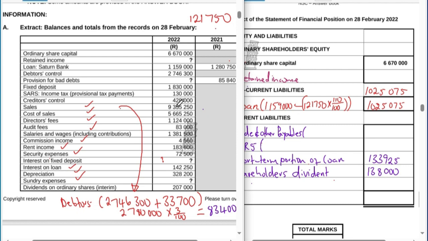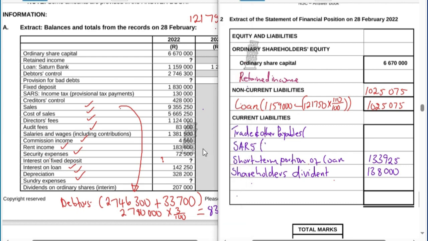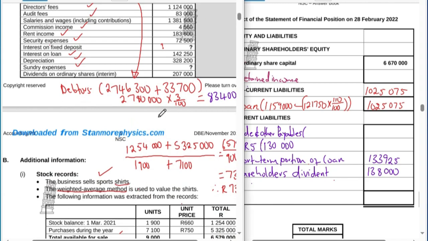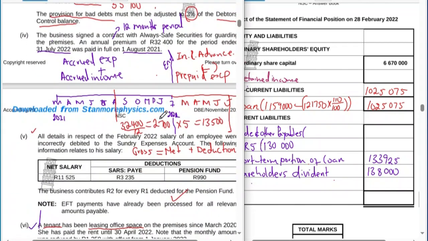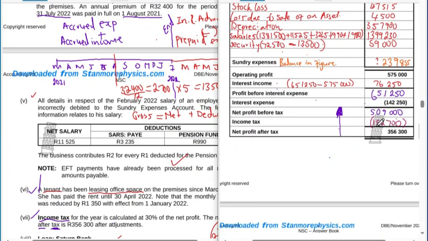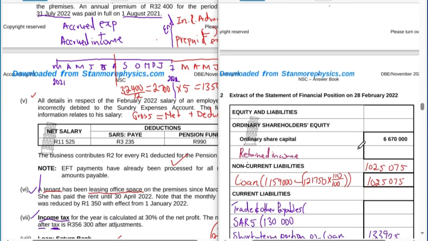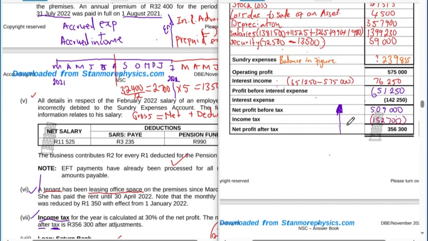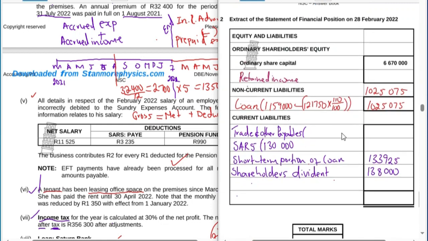So this is the payment of 130,000, and we are going to show under SARS that there is a payment of 130,000. It's a provisional payment, and based on our income statement, we need to pay how much for SARS? 152,700.